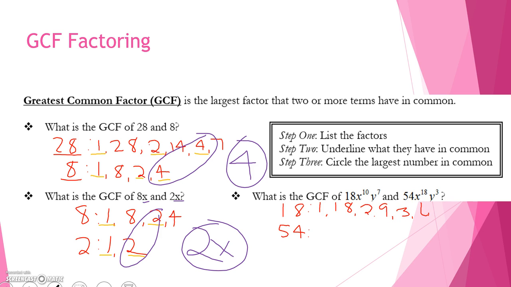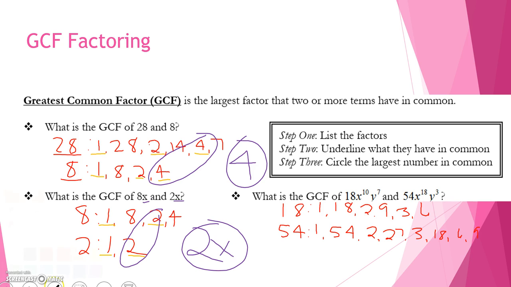You put 54 in, you get 1 and 54, 2 and 27, 3 and 18, 6 and 9. Okay, now I'm going to underline what they have in common. They have a 1 in common, an 18, a 2, a 9, 3 and a 6. So they have a lot in common.